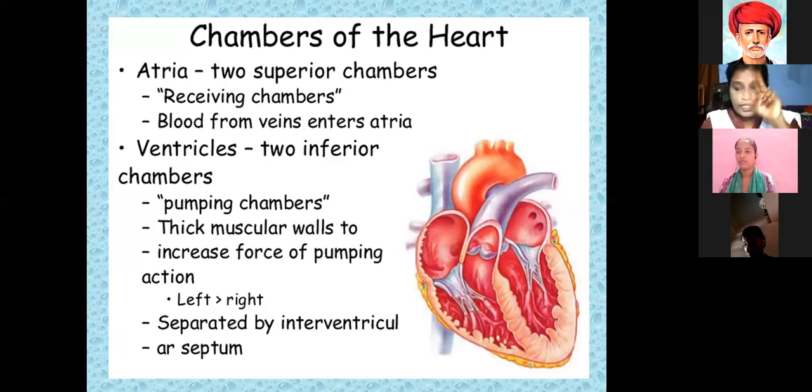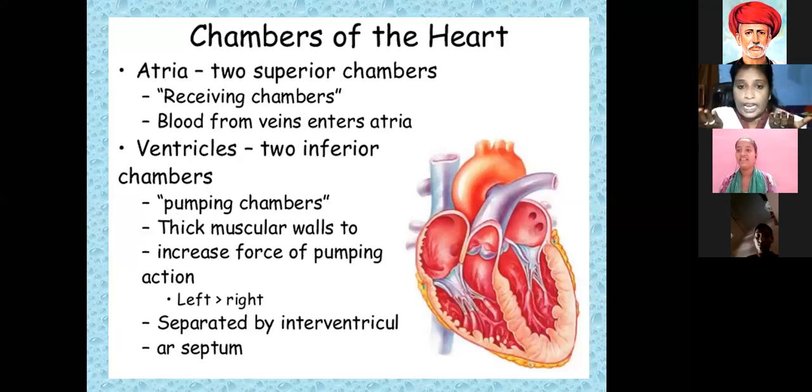The auricles are the receiving chambers, receiving blood, and also a kind of superior chamber. Next, the ventricles also: the left ventricle and right ventricle. Okay. Can you understand the four chambers?